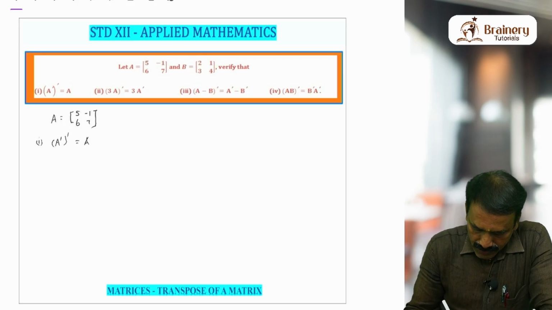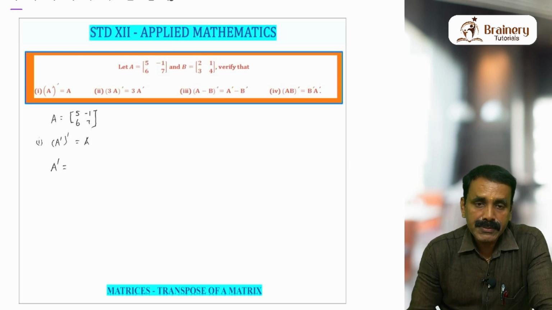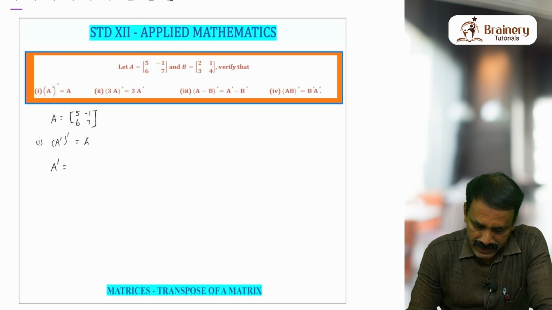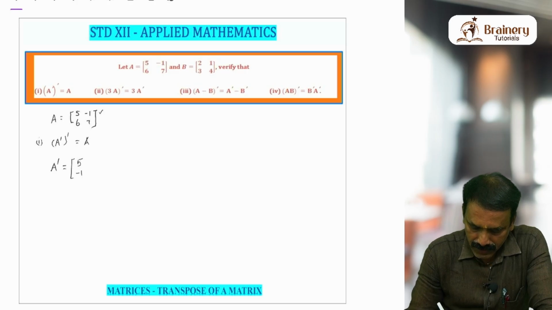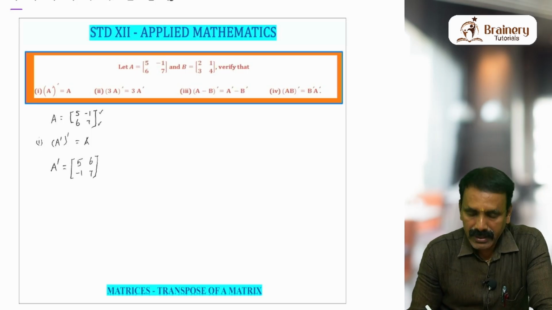So we start. What is A transpose? A transpose is transpose of the first matrix, A matrix. That is A matrix, the row element 5 minus 1 will be written as vertical, column element 5 minus 1. Next one, second row 6, 7 is written as 6, 7. So this is your A transpose.